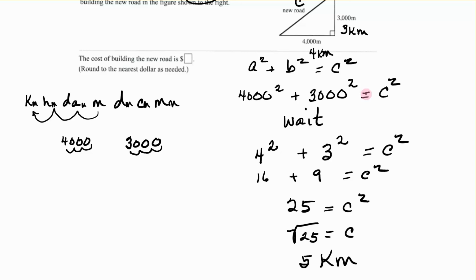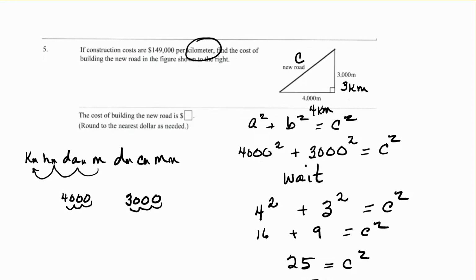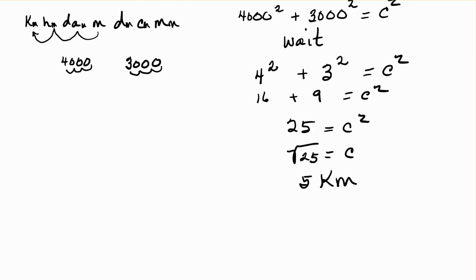But whichever way I went, I need to know the length of this road in kilometers because the cost is set per kilometer. So it is $149,000 per kilometer, and I'm going to multiply it by 5 kilometers.